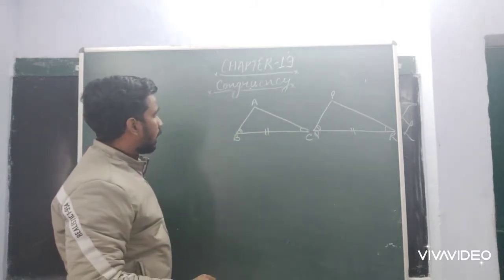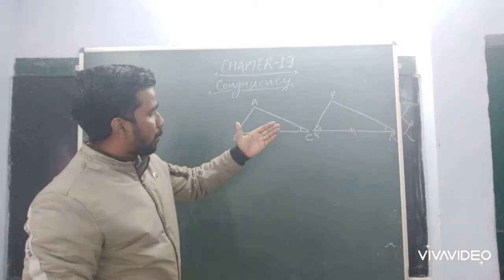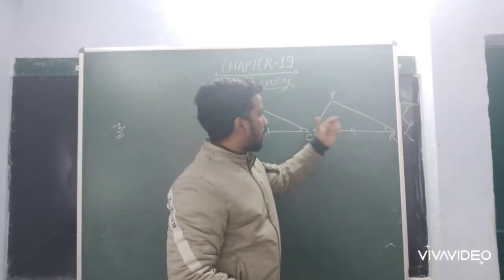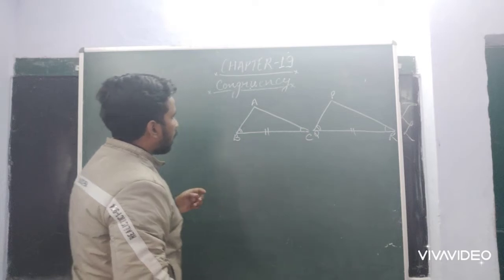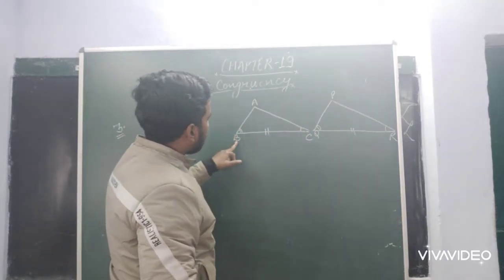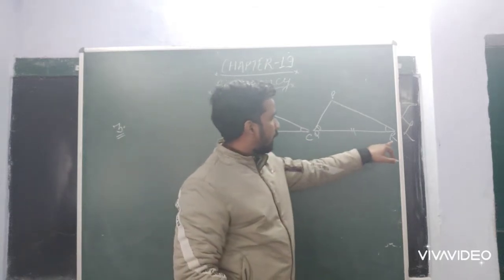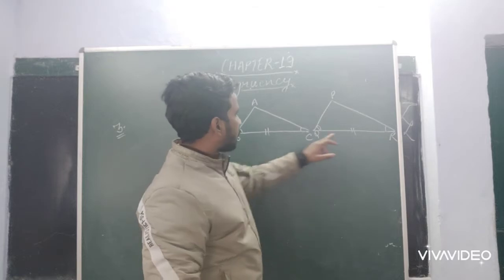Clear? As you can see, when this angle is taken out and put on this angle on PQR, angle B coincides with Q, and C coincides with R, and the side coincides.